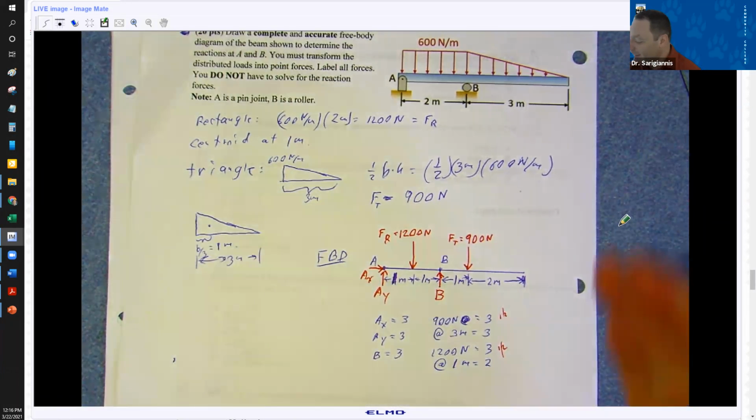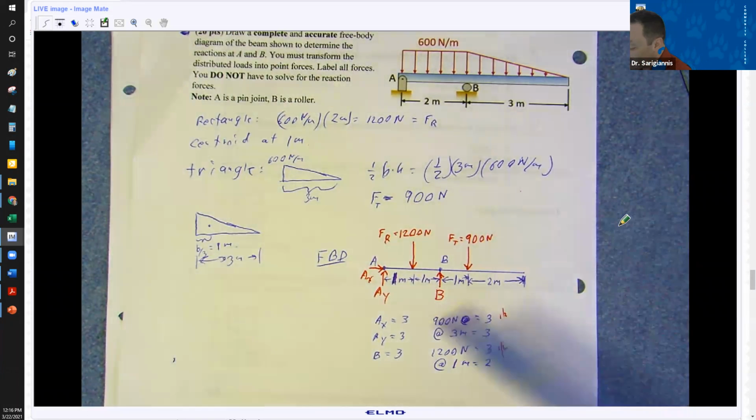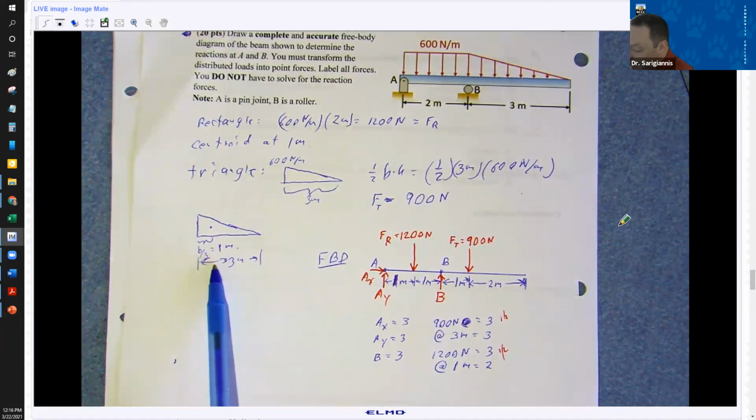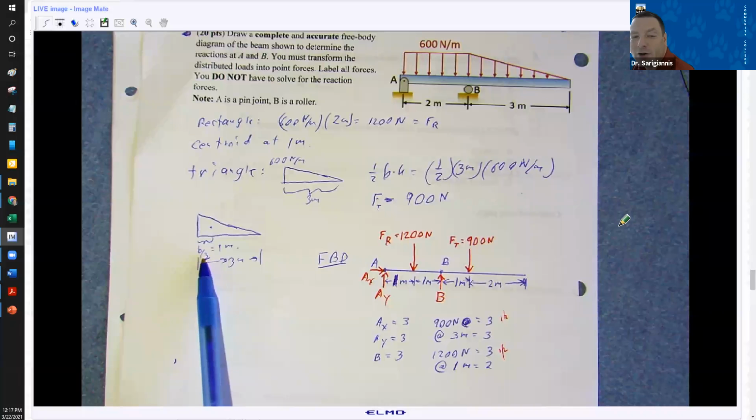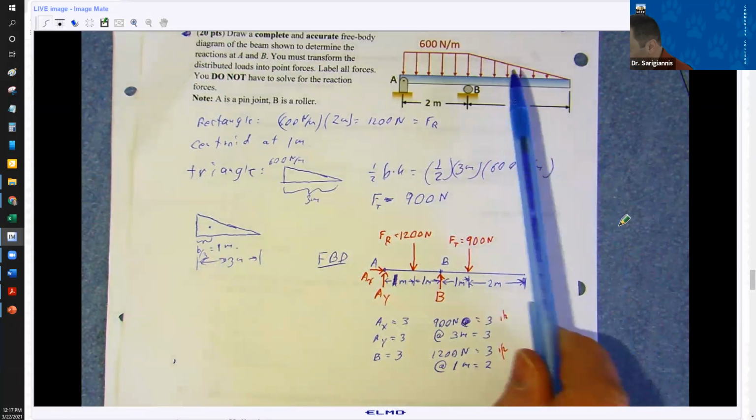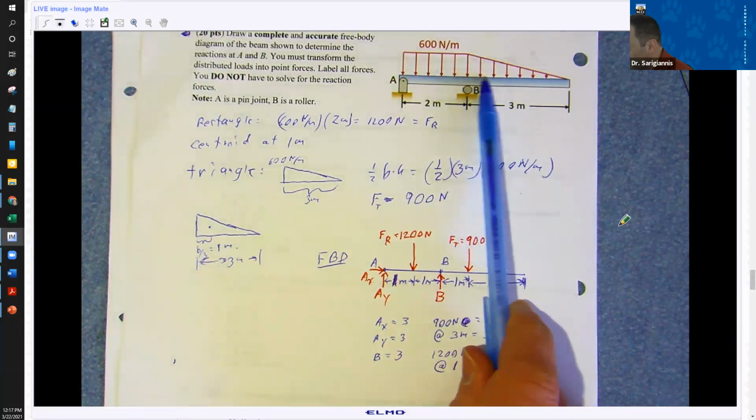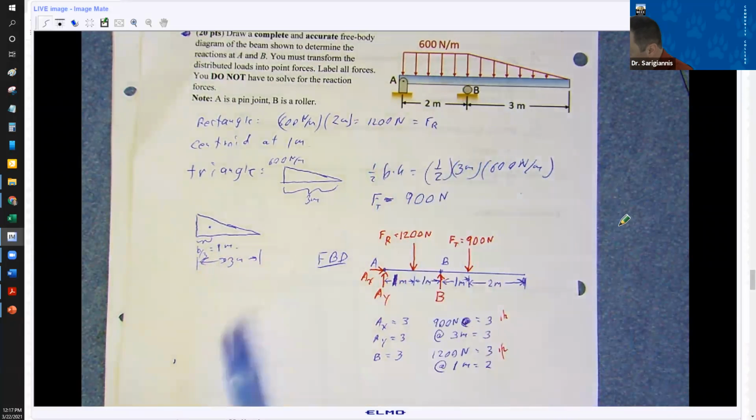It's like they divided it in half and then thought they didn't divide it in half. So 900 Newtons, not 450. The centroid of a triangle is B/3, right, from one end. And this one was fairly straightforward because from B, it's only 1 meter. That means from A, it's 3 meters away. So you wind up with a free body diagram that looks like that.